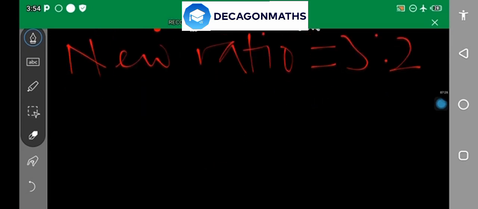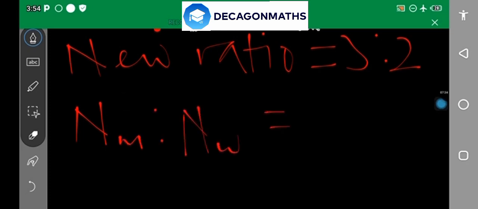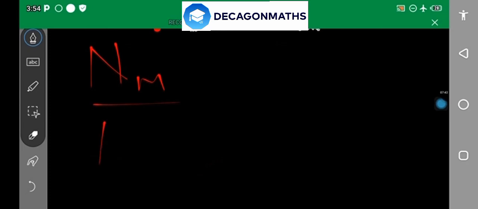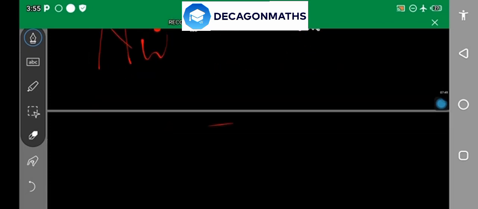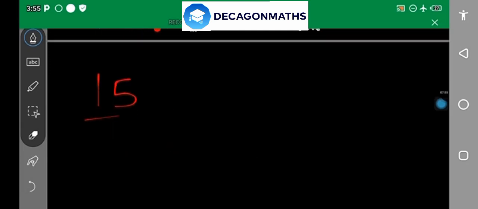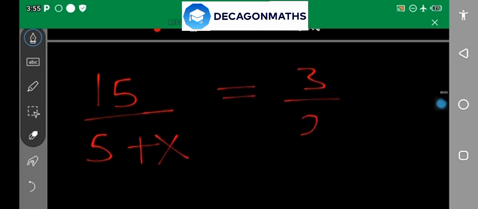That means the number of men to the number of women that we now have is 3:2. So you can also write it as number of men over number of women is equal to 3/2. And you know that the number of men remains 15, while the number of women has become 5 plus x. This equals the ratio 3/2.